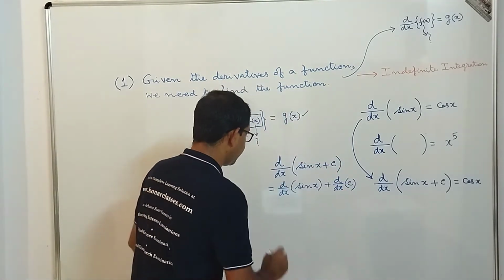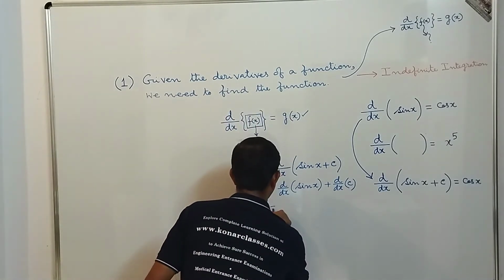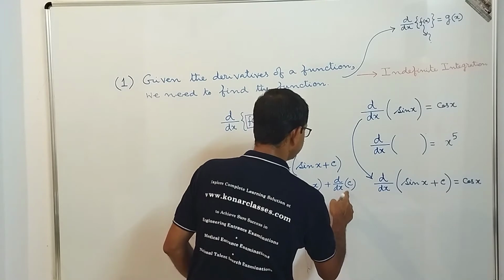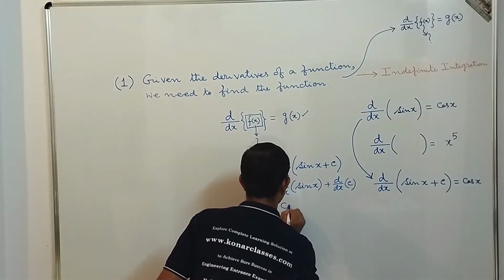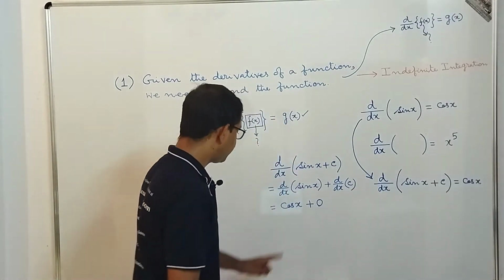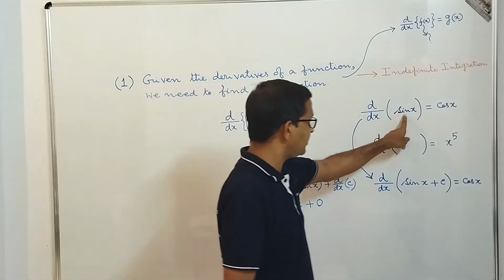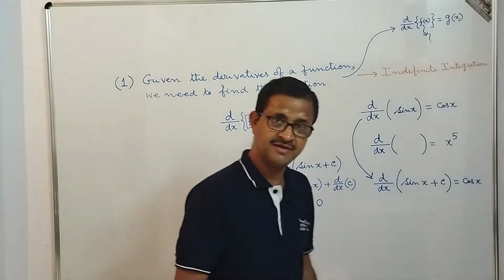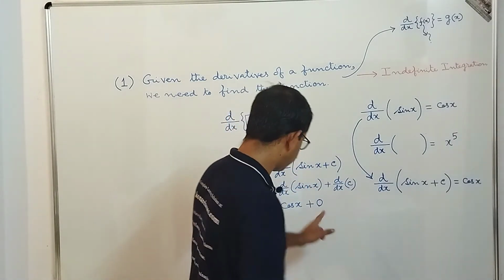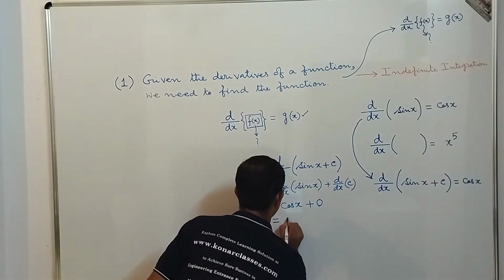Now d/dx of sin x we already know is equal to cos x, but d/dx of c is always 0. So cos x plus 0 is equal to cos x. That means it is not only d/dx of sin x that is cos x, d/dx of sin x plus c is also cos x.